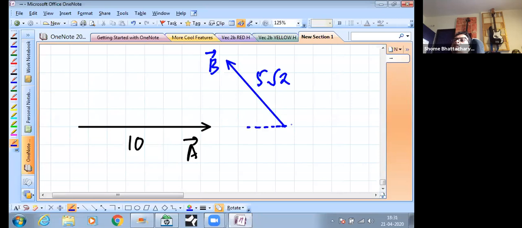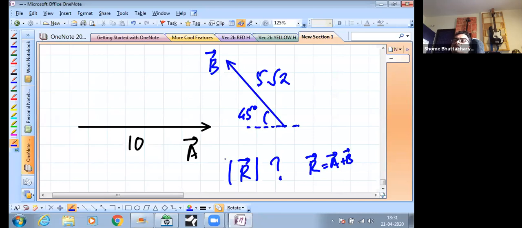And also, this angle is given to me as 45 degrees. And I have asked you to find the magnitude of the resultant, where resultant is A plus B.